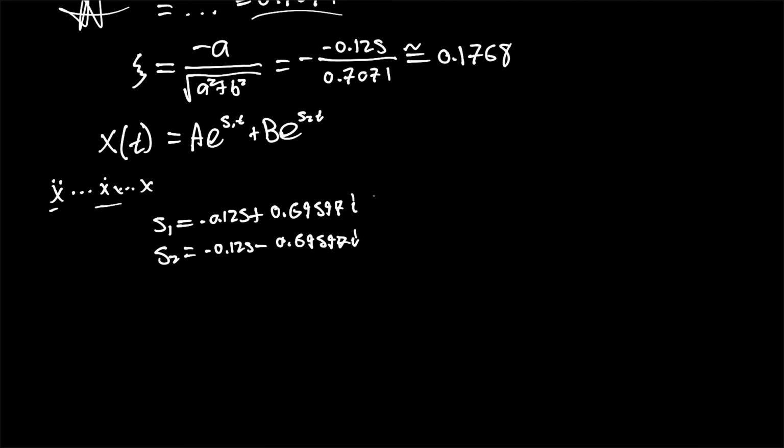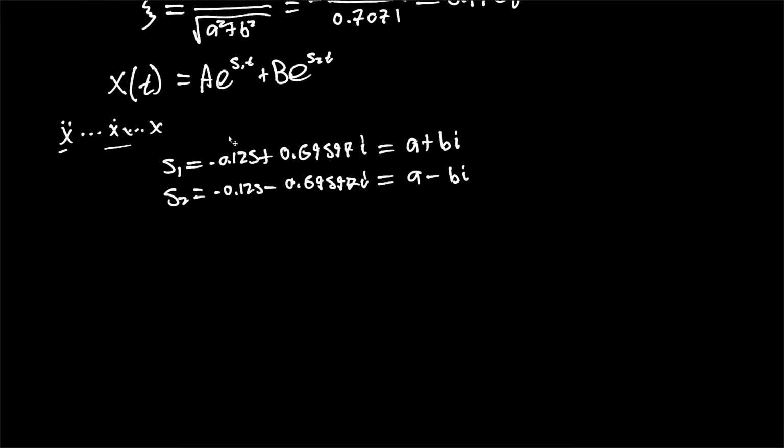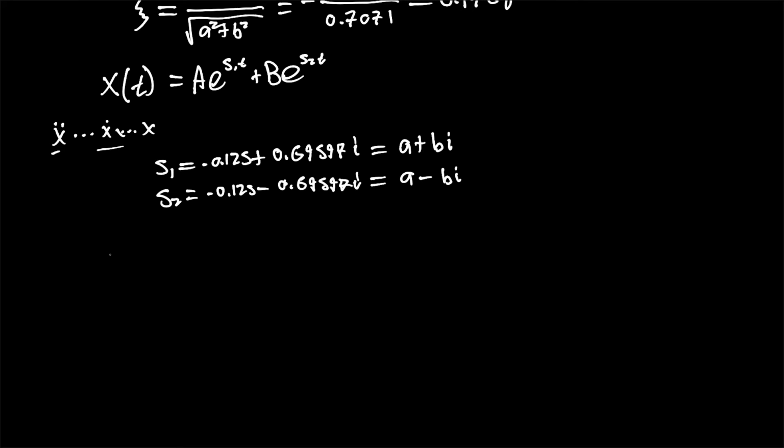We're going to also define these as being equal to a plus bi and a minus bi, such that we can write this equation out in simpler terms. x of t equals A e to the power of (a plus bi) t plus B e to the power of (a minus bi) t.